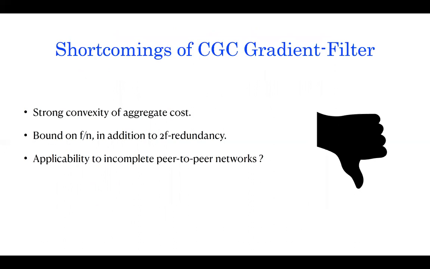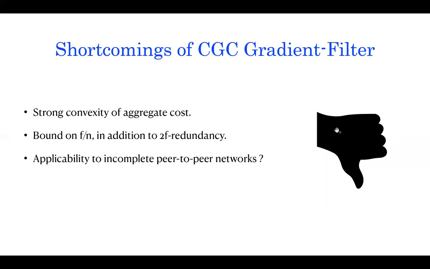However, we are not aware of any gradient filter that achieves fault tolerance just by assuming 2F redundancy and nothing else about the fraction of faulty agents. There is still an open problem: can you even have a gradient filter that obtains exact fault tolerance by just assuming 2F redundancy and nothing else on the fraction of faults?